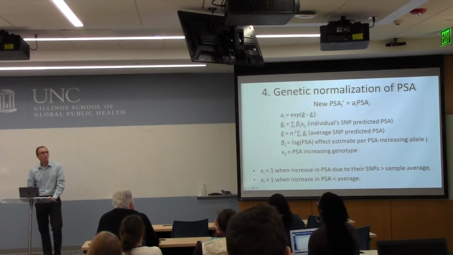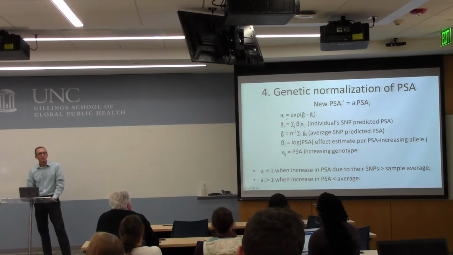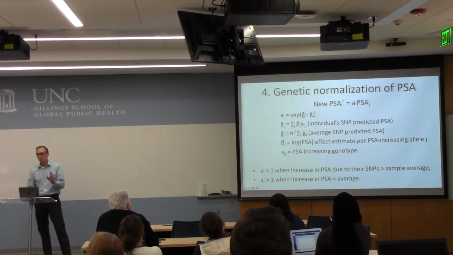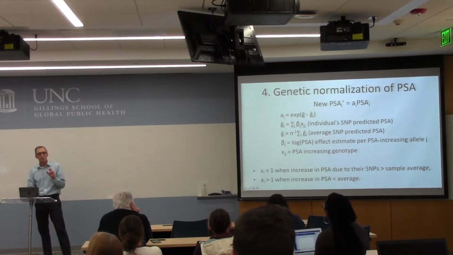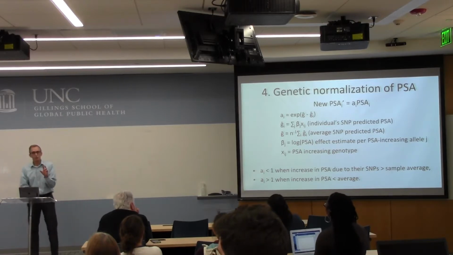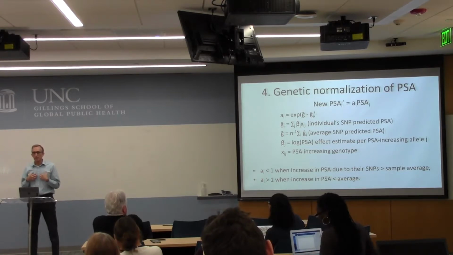So the way this formula works is that A is the natural anti-logarithm of the difference between the mean predicted PSA levels in the whole population and an individual's genetically predicted PSA. And the genetically predicted PSA is just the product of the regression coefficients and an observed genetic marker. So let's say for KLK3, which is the strongest predictor by far here, we would look and see, do I carry those genetic variants?